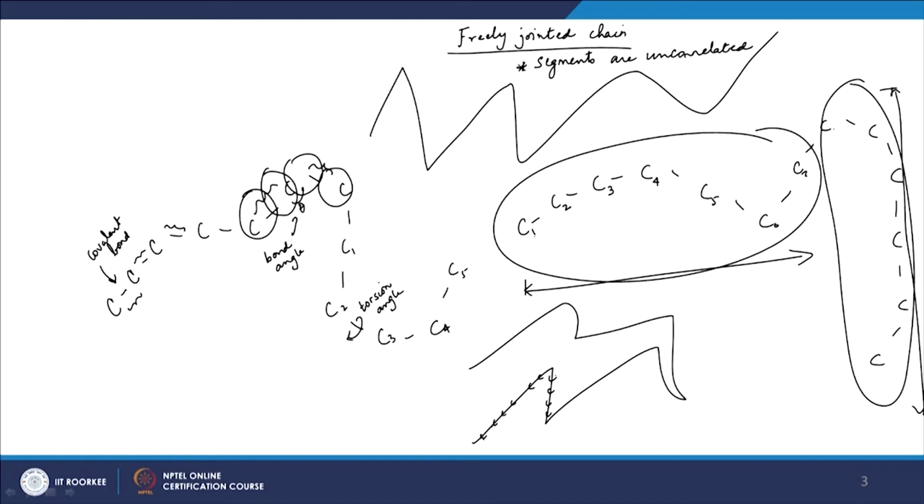Okay. Uncorrelated meaning that, of course, they have to be connected in the middle like a hinge, but then this guy can be pretty much anywhere. Okay. So, let me explain this a bit more.